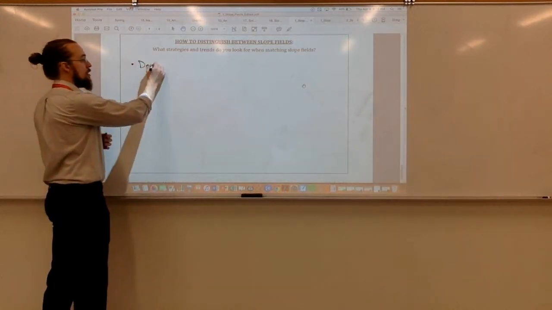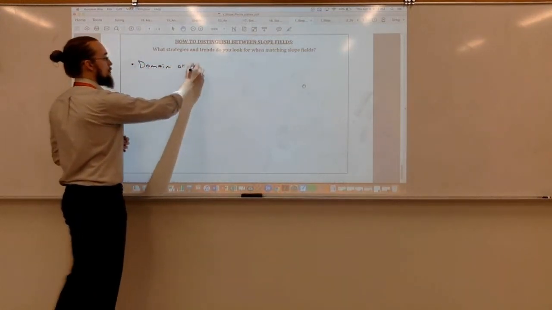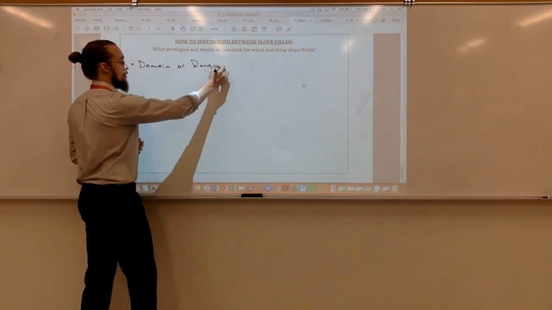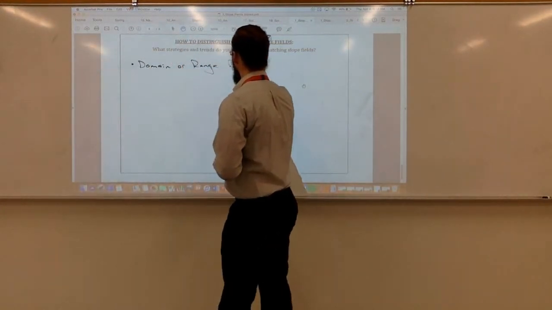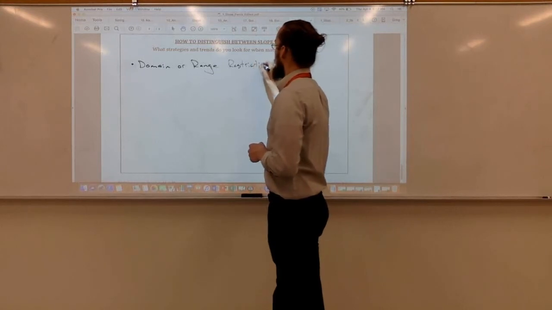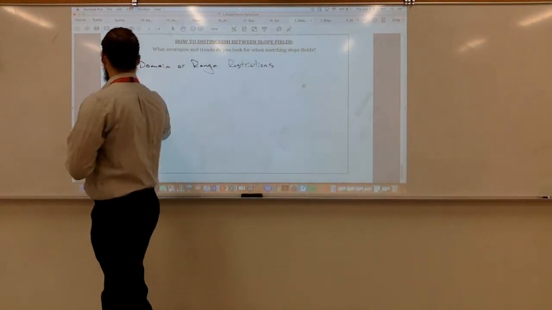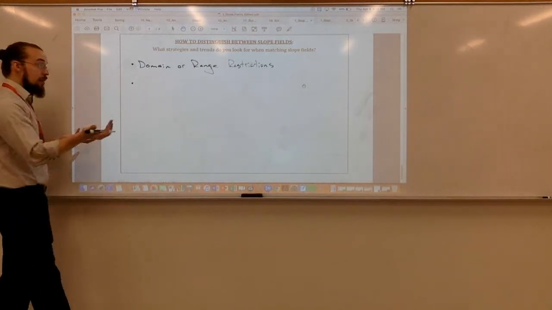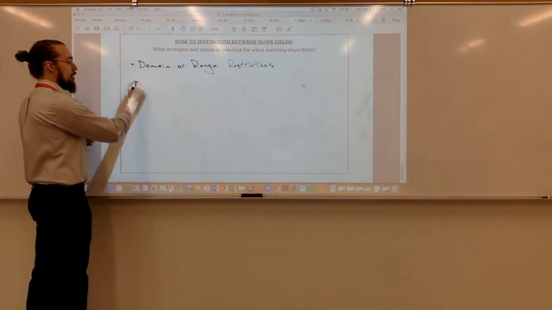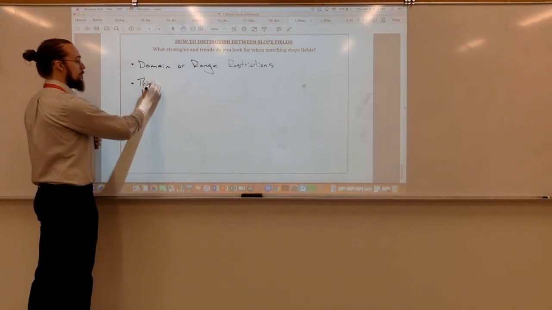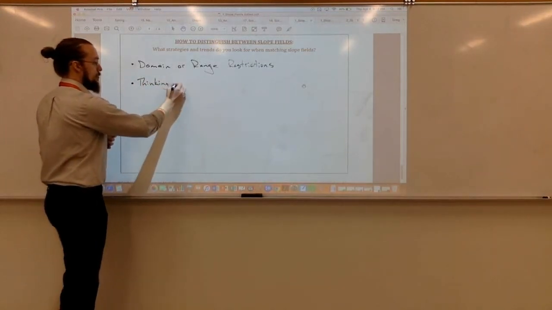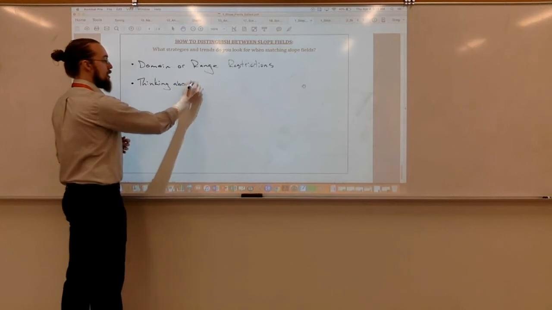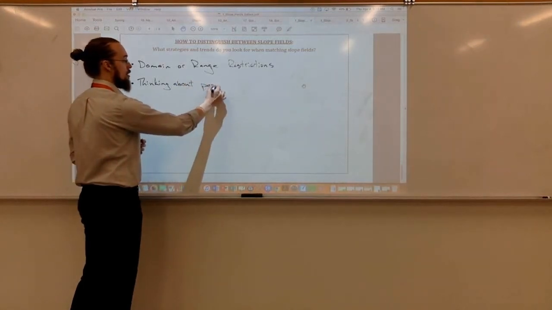Yeah, we said any domain or range restrictions. Yeah, so we talked about thinking about parent functions, what the actual antiderivative would look like.